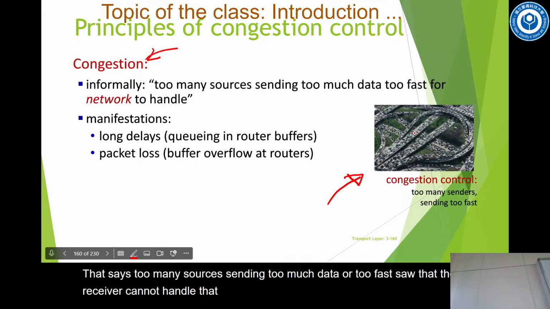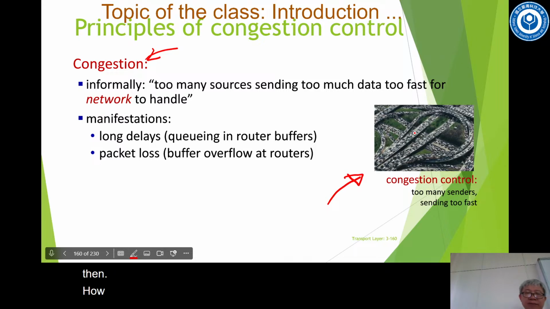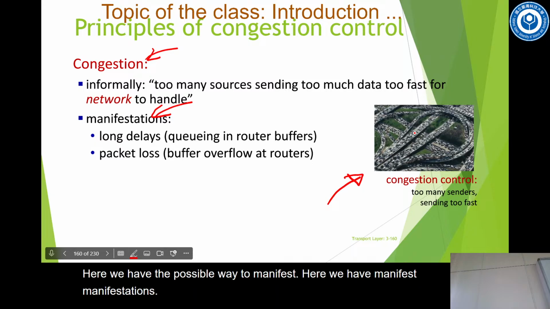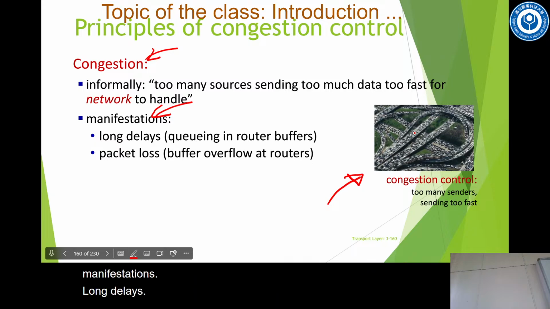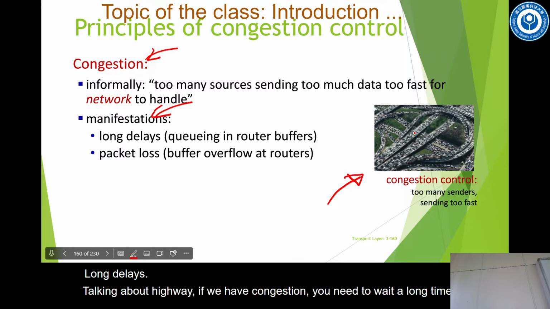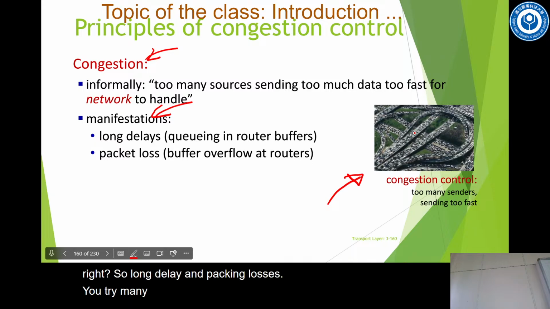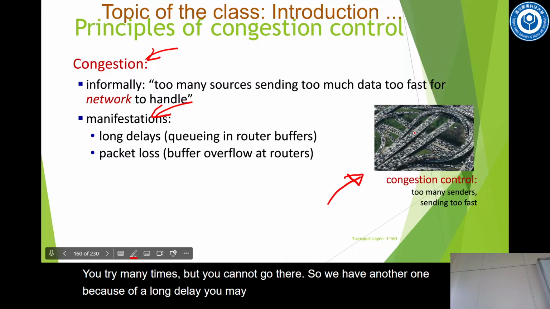All right. And if we have this phenomenon, how will you find that we have the problem? Here we have the possible manifestations: long delays. Talking about a highway, if we have congestion, you need to wait a long time, right? So long delay, and packet losses. You try many times, but you cannot get there. Because of a long delay, you may have losses.